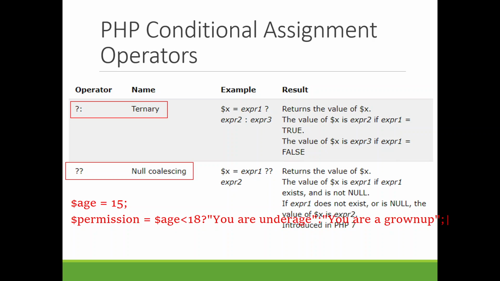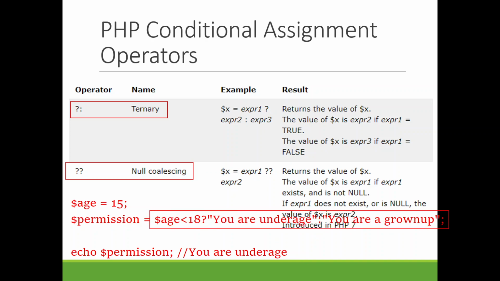So if we echo permission, then the output is going to be you are underage. This is what we call the ternary conditional operator.